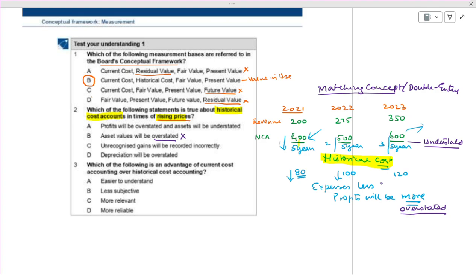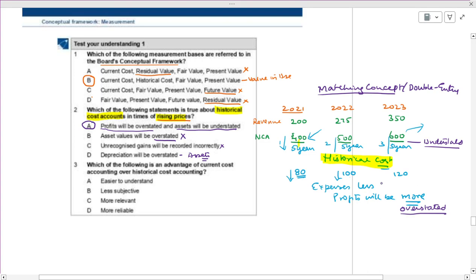Depreciation will be overstated, and it is not only depreciation that is affected. Automatically it is also affecting the assets, and the expenses are affected too. This means the profits will be overstated and assets will be understated. Is it clear to you?